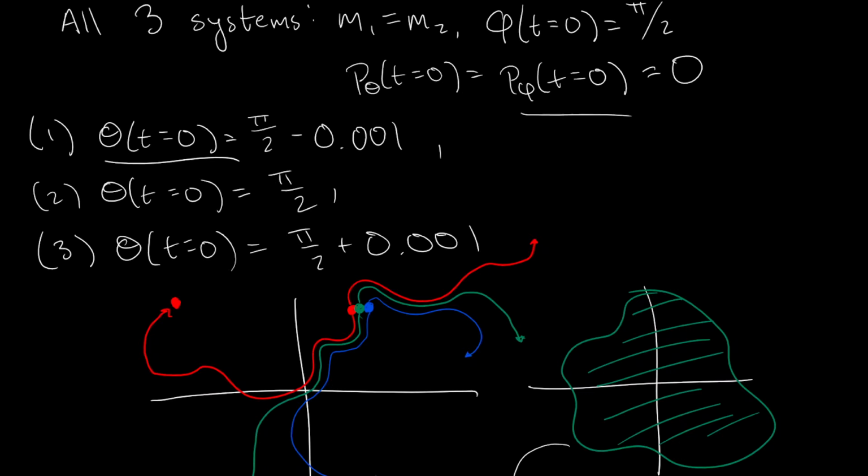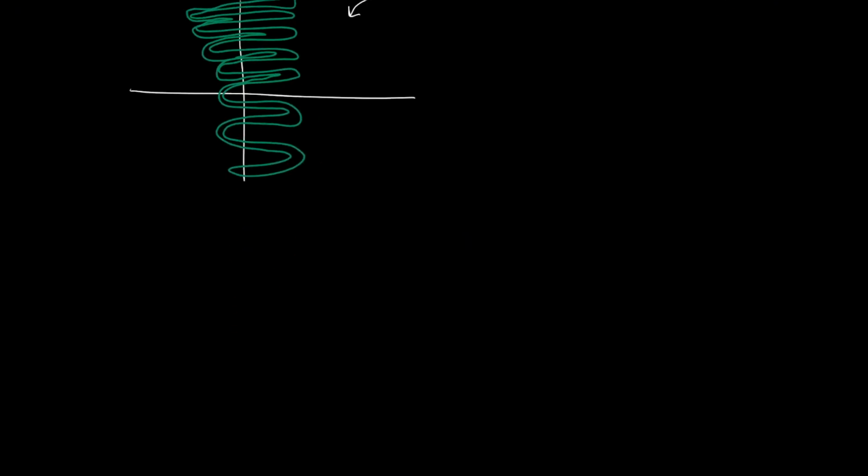So I fix p phi at 0, and I fix phi at 0. But I'm going to draw a blob in p theta and theta. And we're going to track the phase space evolution of sort of a cross-section of phase space. So remember, phase space in this case is 4-dimensional.